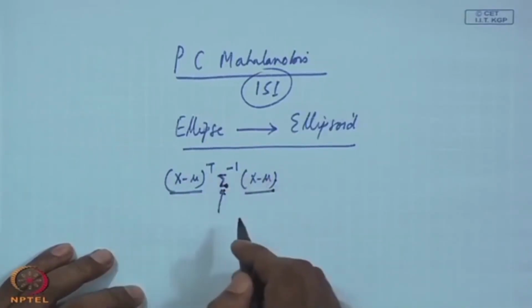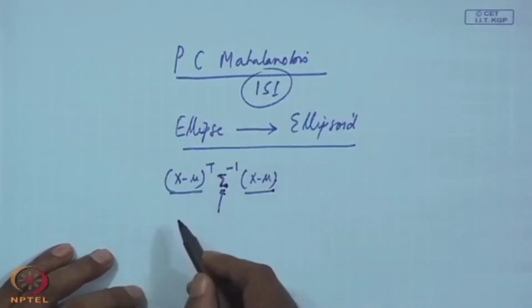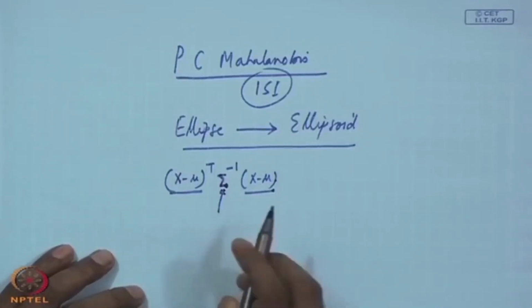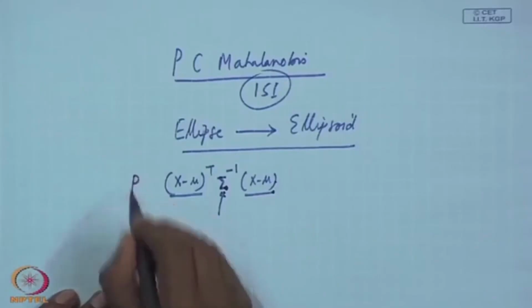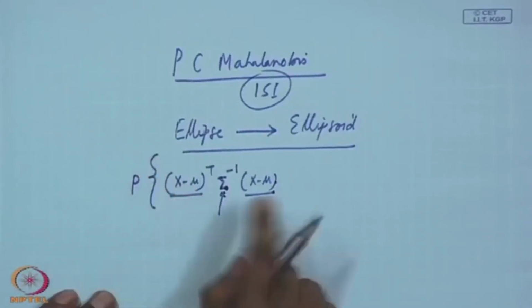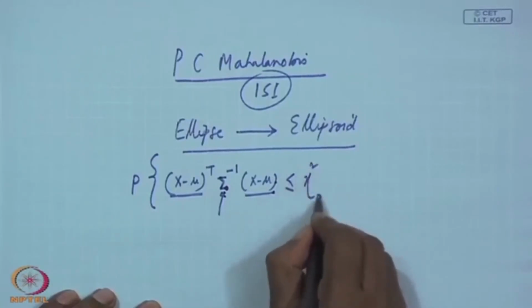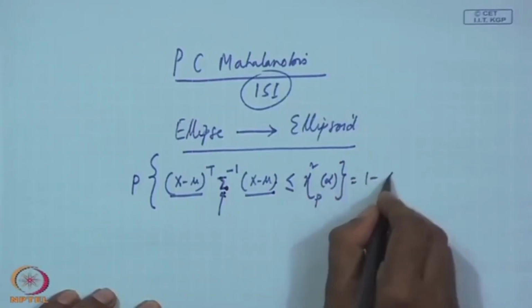So, the square of a normal is z, and z follows chi-square, the linear combination of z follows chi-square distribution. So, this will follow chi-square distribution, that is what we are saying: the probability that this value will be less than or equal to chi-square p, alpha, will be 1 minus alpha.